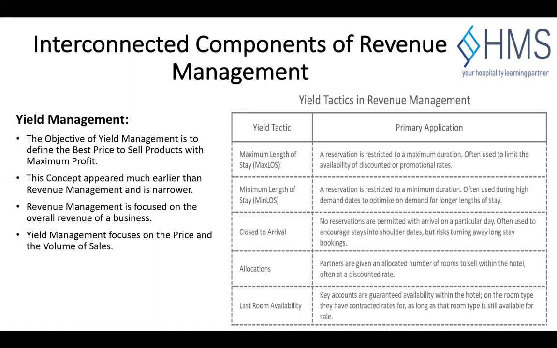Now again, the maximum length of stay is a reservation that is restricted to a maximum duration. It is often used to limit the availability of discount or promotional rates. And a minimum LOS is a reservation restricted to a minimum duration, often used during high demand to optimize on demand for longer lengths of stay.